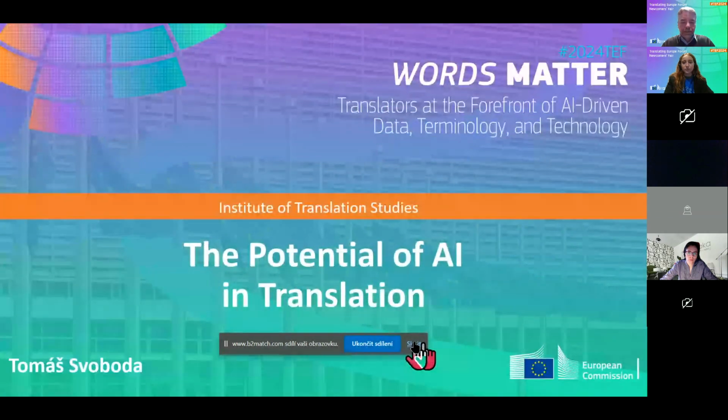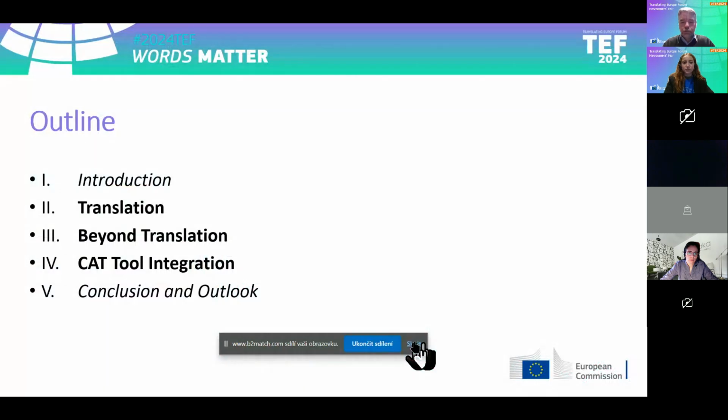So here we go. I will talk about translation, what we can expect when it comes to artificial intelligence beyond its translation functionality, and I'll also cover the topic of CAT tool integration. I will assume that everybody is familiar with the notions of CAT tool, computer-assisted translation tools, and what's the difference between a CAT tool and a machine translation engine.